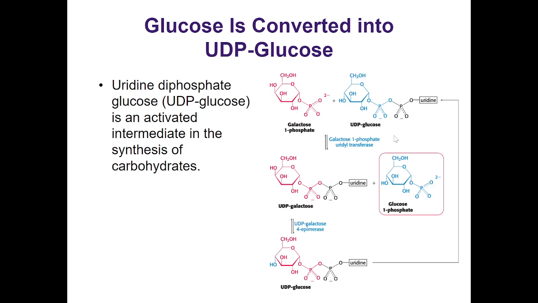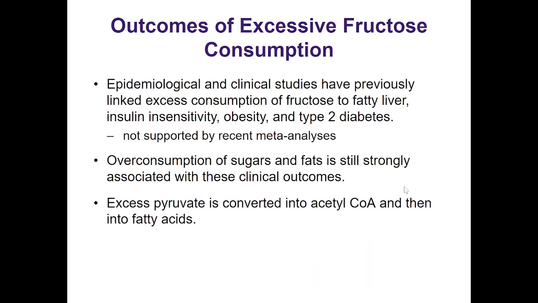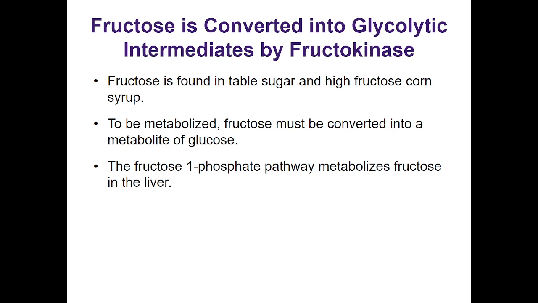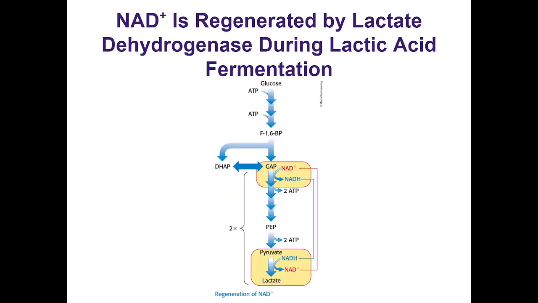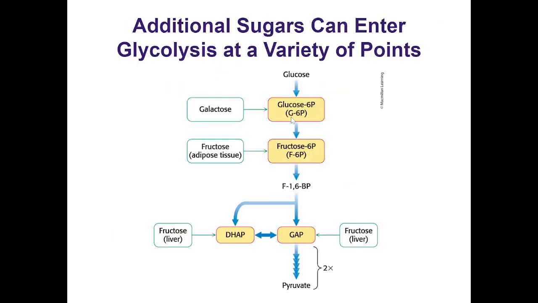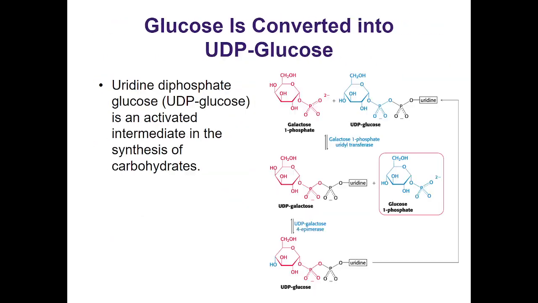Notice that glucose 1-phosphate can go into our pathways back over here, our glycolysis. And this right here is going to be UDP galactose 4-epimerase.